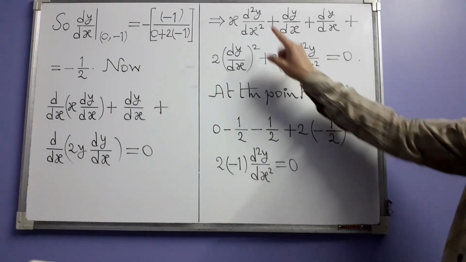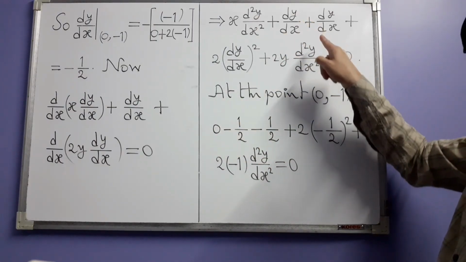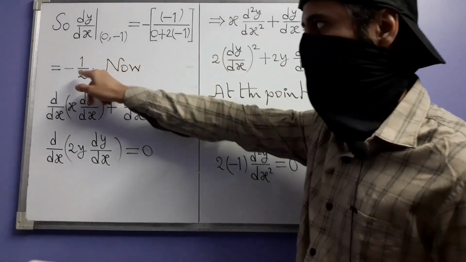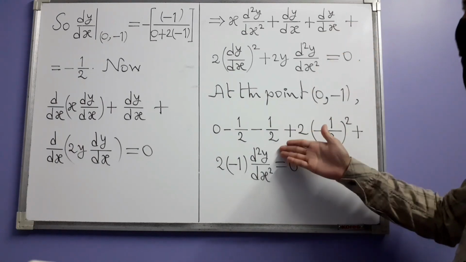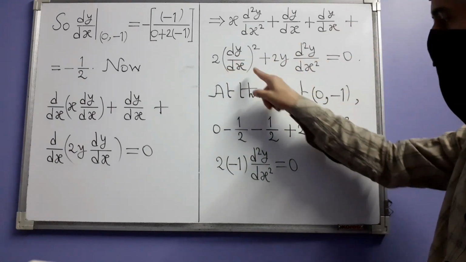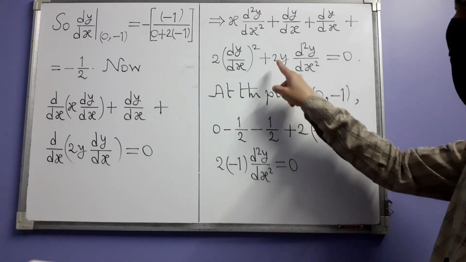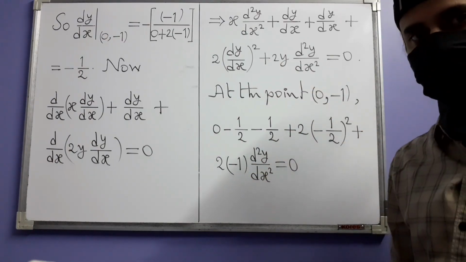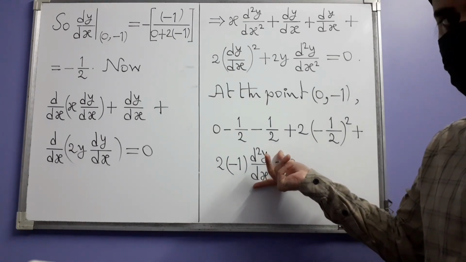If you put x equal to 0, this term becomes 0, and what is the value of dy/dx? We have calculated it, and it is -1/2. So -1/2 times -1/2 plus 2 times the square of -1/2, plus 2 times y, which is -1, times the second derivative. Now we just have to find what this value is from this equation.